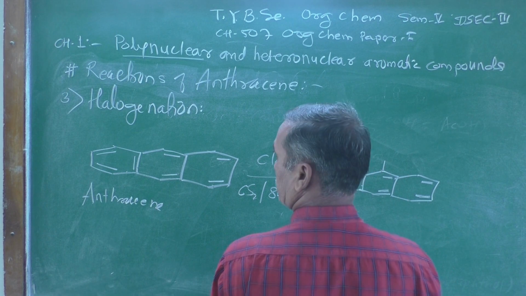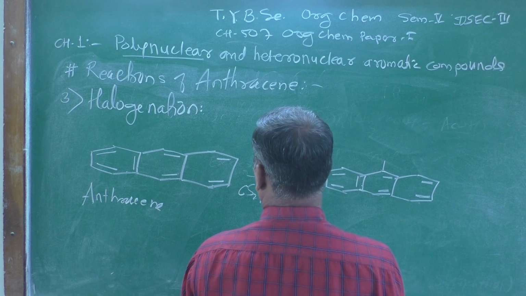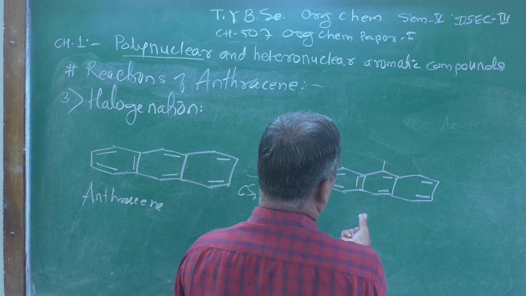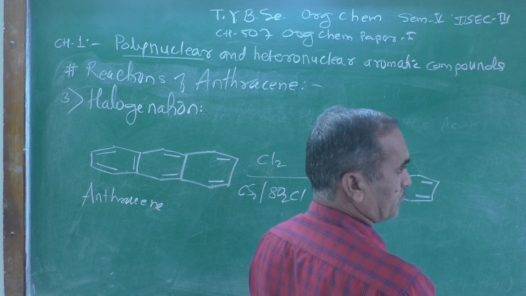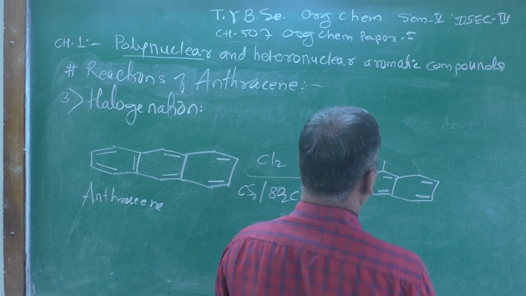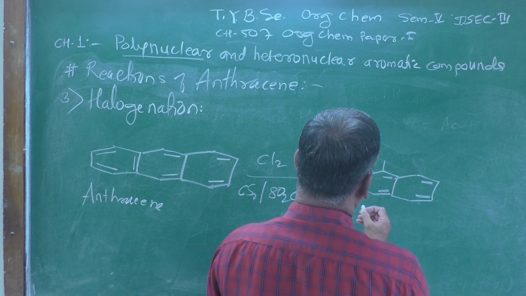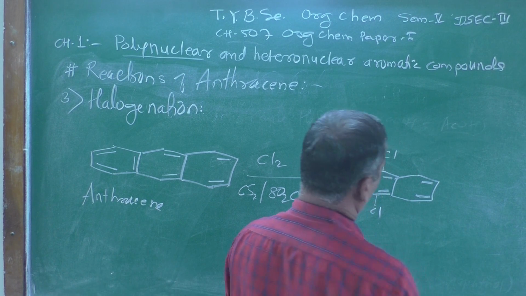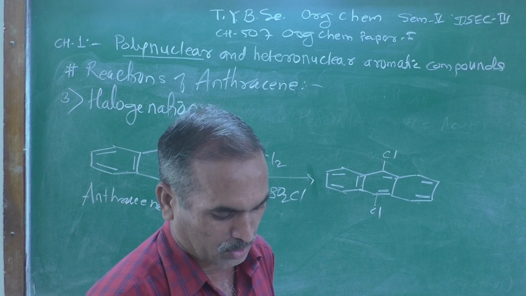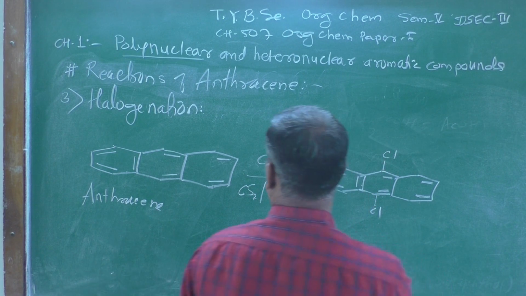As we know, the 9 position is more reactive because of resonance stabilization of the sigma complex, and here there is a chlorine atom, and here also a chlorine atom. So two chlorine atoms are present at the 9 and 10 positions.